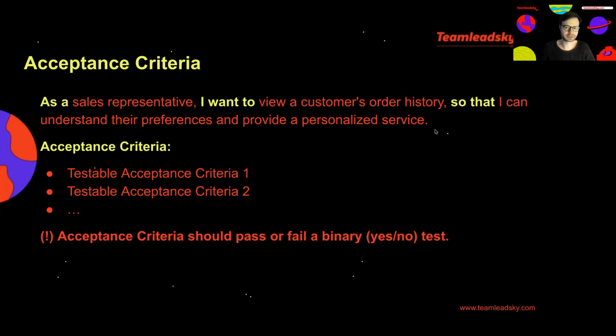So you can use the usual format of the story, which serves as a marker to this chunk of functionality, and also add the acceptance criteria to it. Acceptance criteria should pass a so-called binary test. You should always be able to answer yes or no to a question whether certain acceptance criteria was reached.